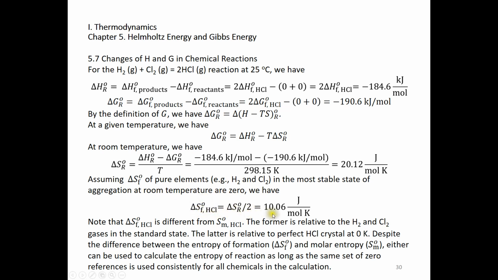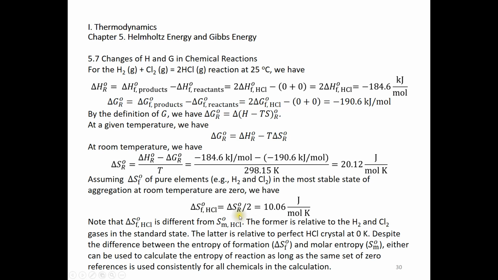It's just this divided by 2, just 10 joule per mole Kelvin, because we have 2 HCl, but if you're looking at molar entropy, it's just this number divided by 2. And I want to emphasize this is not the traditional molar entropy of HCl.